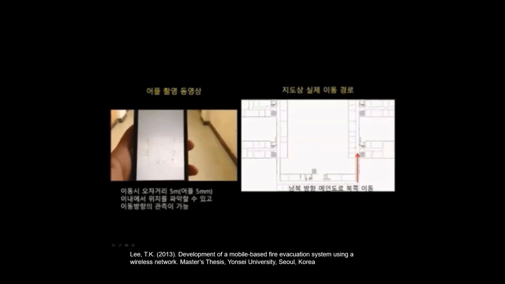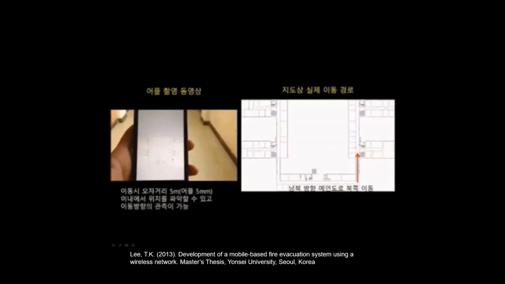So I thought that we can use our indoor navigation technology for way-finding. We used a Wi-Fi fingerprint-based indoor navigation system and developed a mobile-based fire evacuation system. It worked well. We spent about 3 years to develop this system, although it looks rudimentary because it was developed internally.